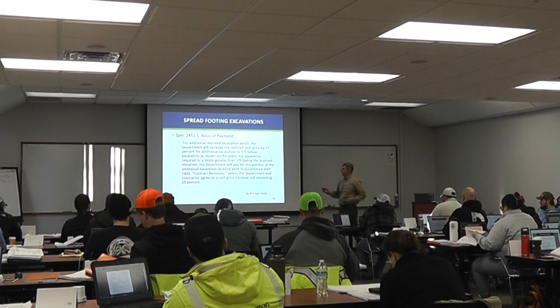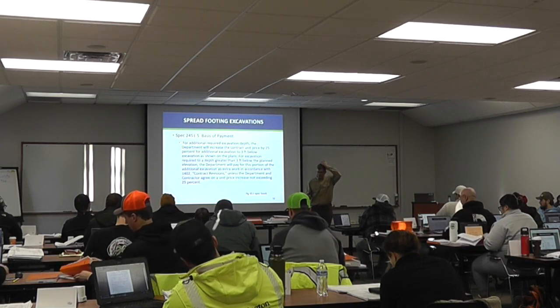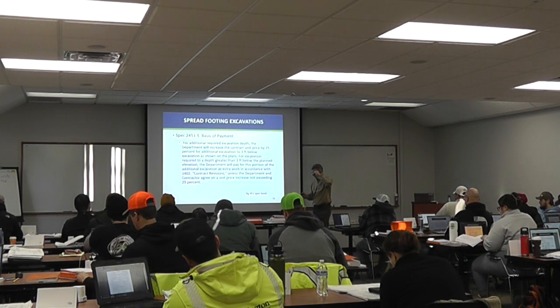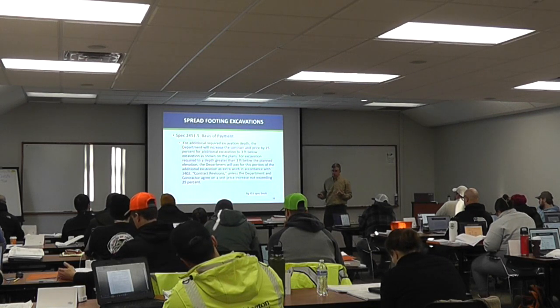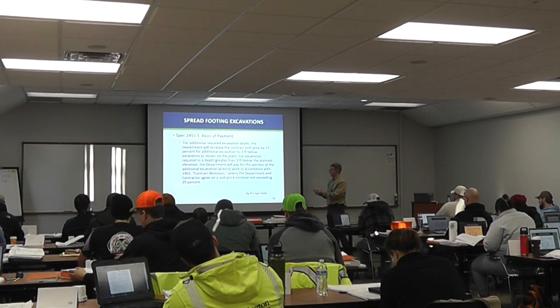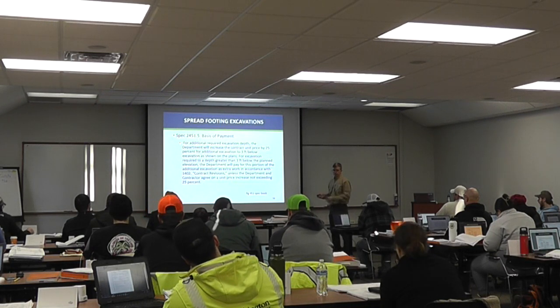So basis of payment. So in the spec book, I mentioned this briefly the other day, in the specs and in the pay items, we have a spec item number. So in this case, we're paying under 2451.